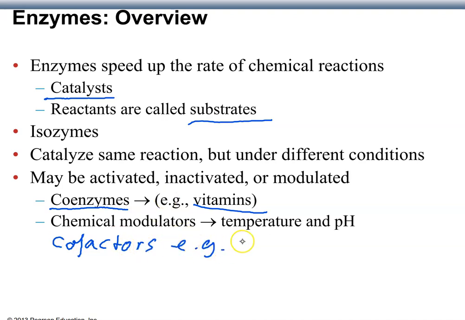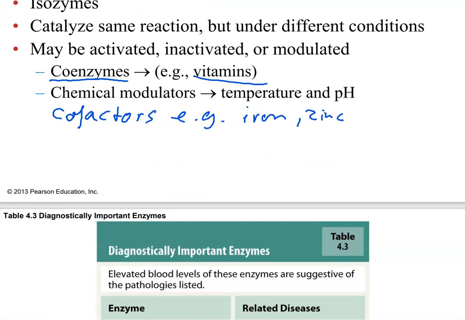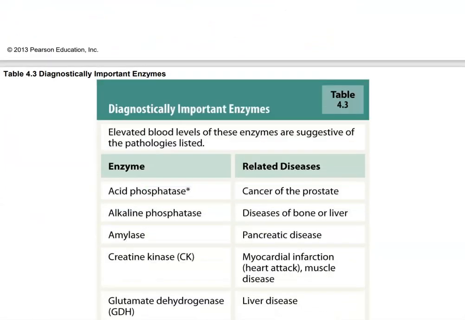And the example here, iron or zinc. So those are inorganic, they're smaller, inorganic. Then we have chemical modulators such as pretty much the conditions, such as pH or the temperature preference that a certain enzyme has.